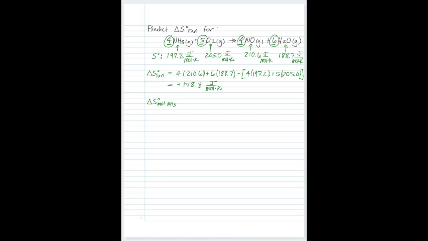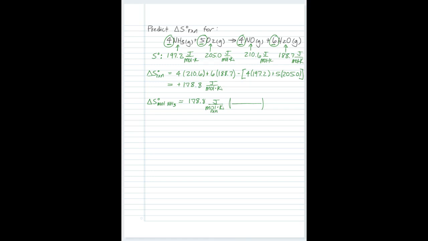And all you have to do is do a little bit of dimensional analysis. So I'm going to take my 178.8 joules per mole Kelvin, and I am going to do some dimensional analysis. Oh, let me just add something here. This is moles of reaction.